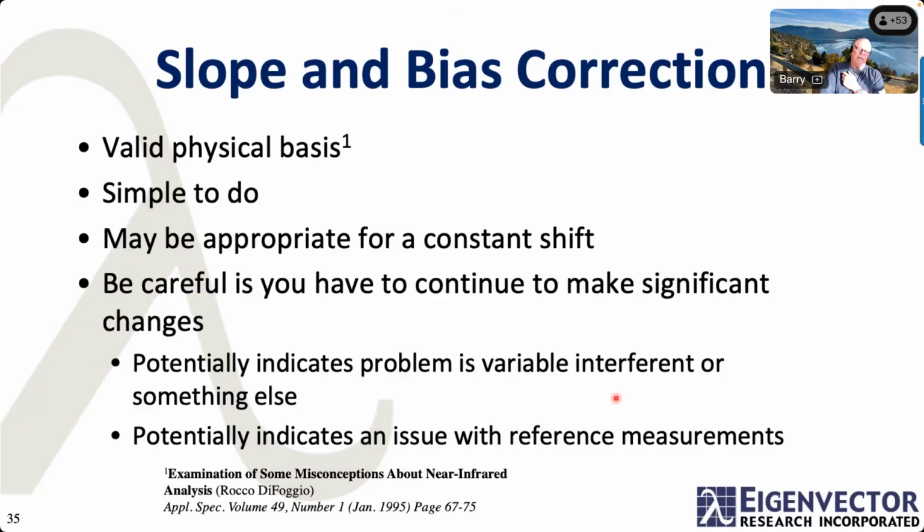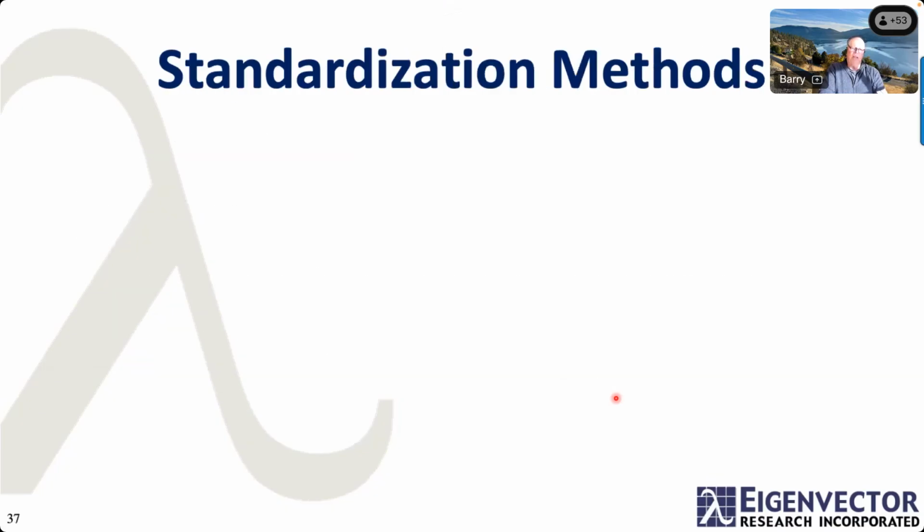What we don't like to see people do is making continuous adjustments, like daily, based on a bias correction. That potentially indicates a problem is a variable interference or something else, potentially indicates an issue with your reference measurements. Could be that too. But that is something that you can do if your shift hasn't been too serious.